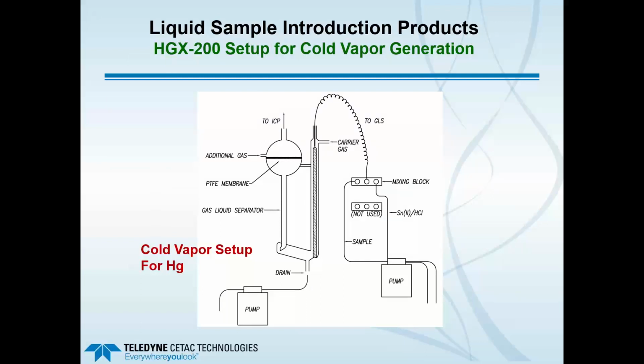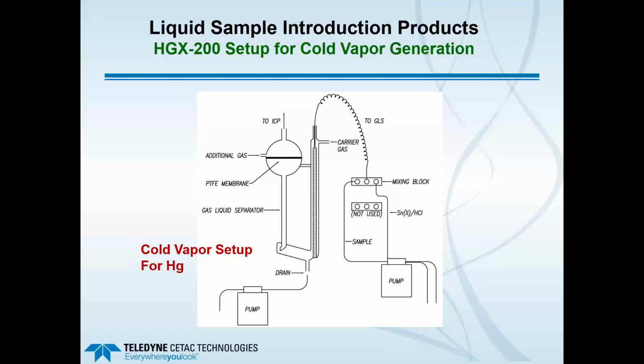So here's a general schematic for the cold vapor setup for mercury. In this case, since everything is acidified and our reagent is acidified, remember the sodium borohydride was kept in a basic form, we do not need to use that one mixing block for acid.